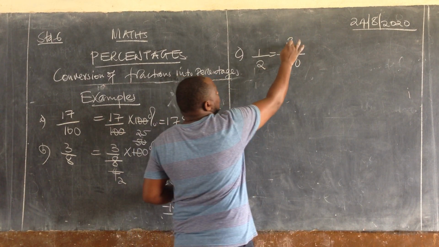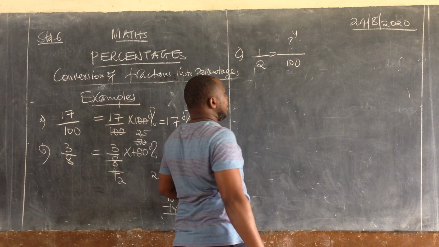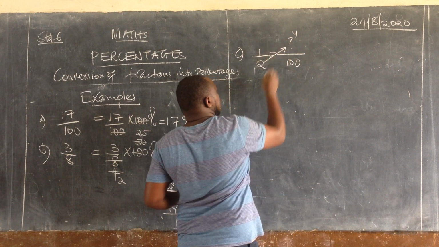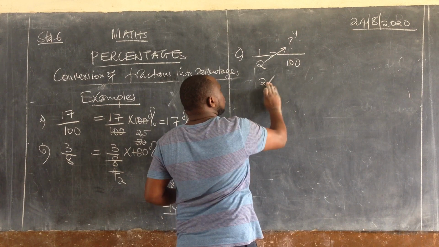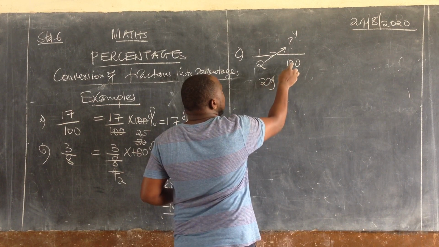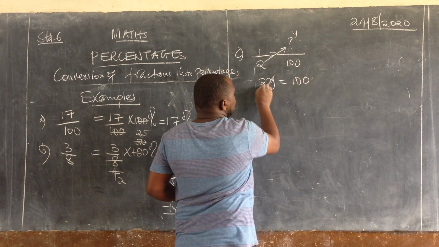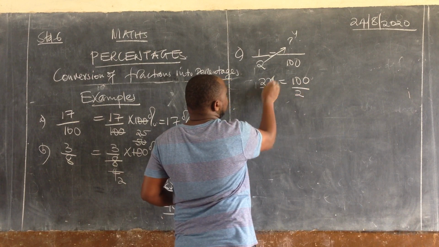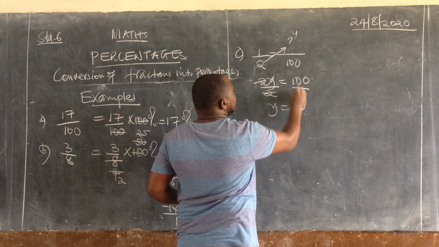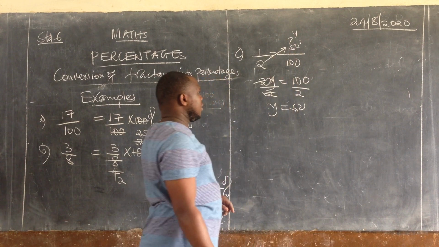You assume this question mark is maybe a y. So you multiply like that. So 2 times y is 2y, equals 100 times 1. So divide by 2 to get the value of y. So our y is equal to 50. So in this case, here is 50.